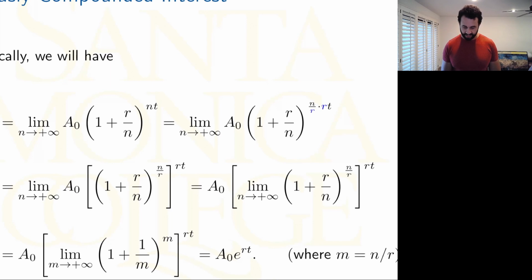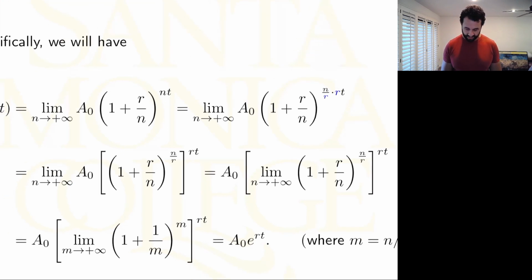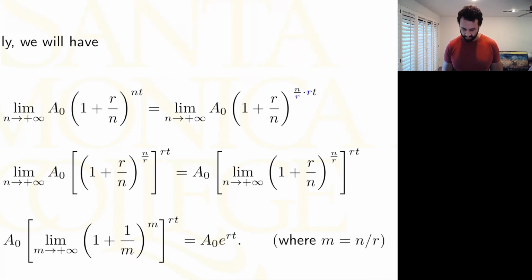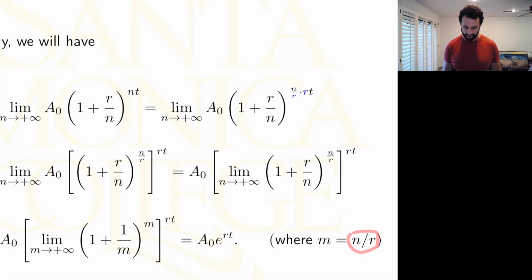Now, because of linearity of the limit operator, we can actually move the limit operator in front of this constant. So we can pull the original amount out to the front. That's just a fixed initial amount of the investment. And then we can rewrite the limit like so. So here's another little bit of cleverness. We're going to let m equal n over r.